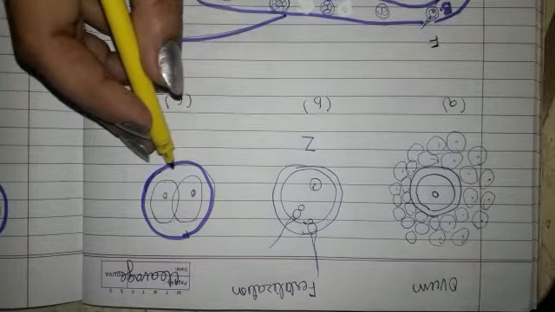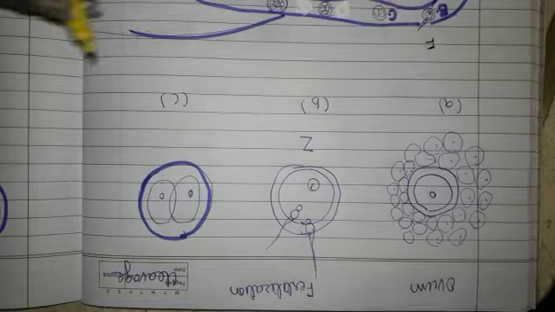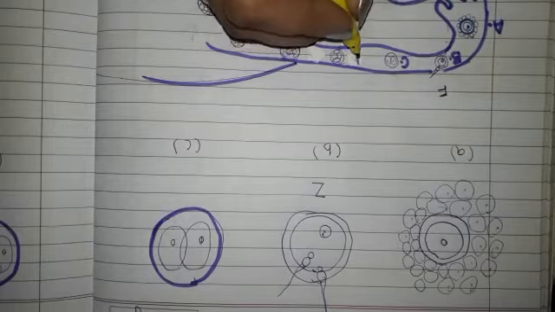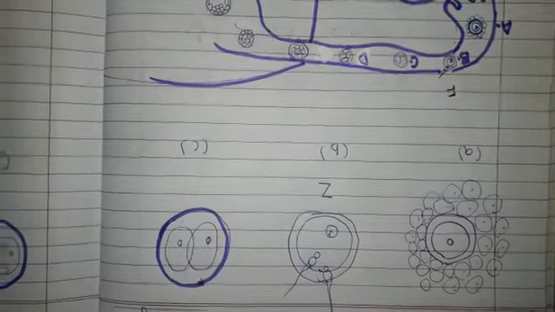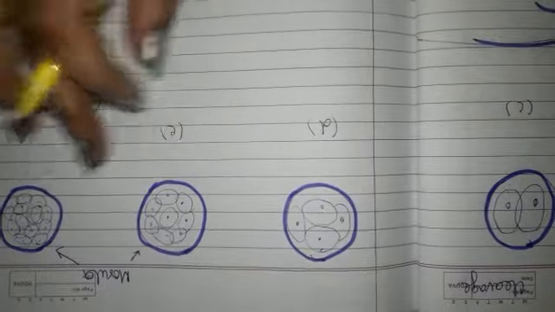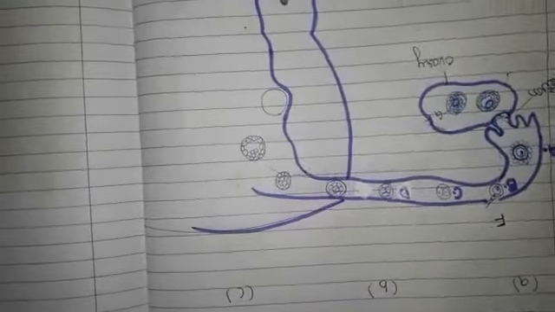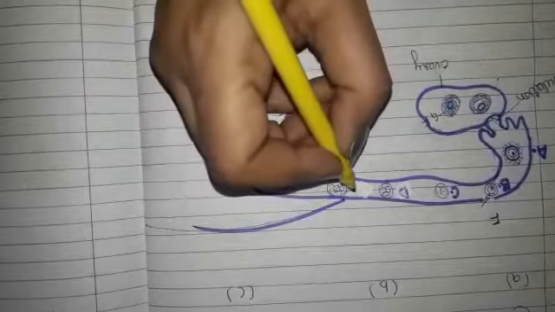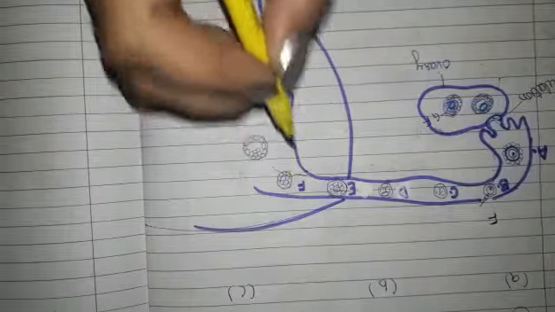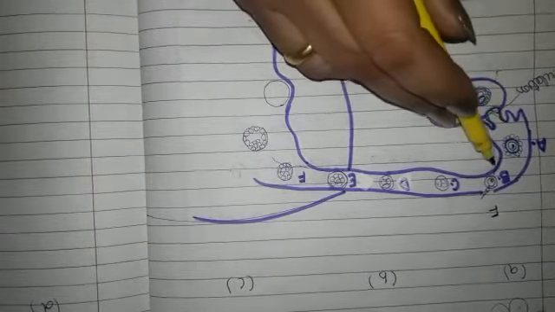The two blastomere stage, cleavage had started. This is stage C. After that we had the 4 blastomere stage. This is stage D. And the next is 4 celled, 8 celled, 16 celled stage, and these stages are C, D and E. And this is the 16 celled stage. Fertilization took place, zygote was formed.